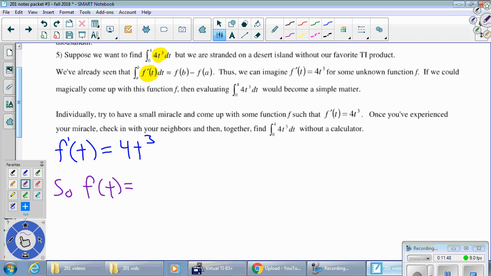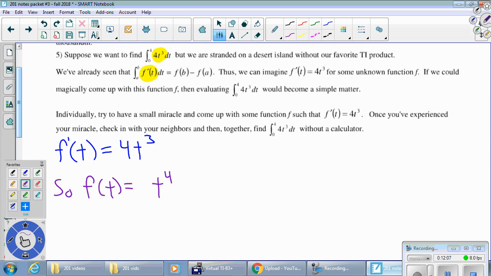Not taking the derivative of 4t cubed, that's not what we're trying to do. We're trying to do the other direction. Somebody took a derivative of something and got 4t cubed. We need to undo what they did. 4t cubed, what did it come from? It came from t to the 4.